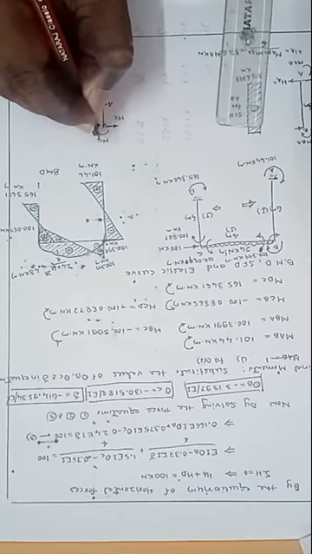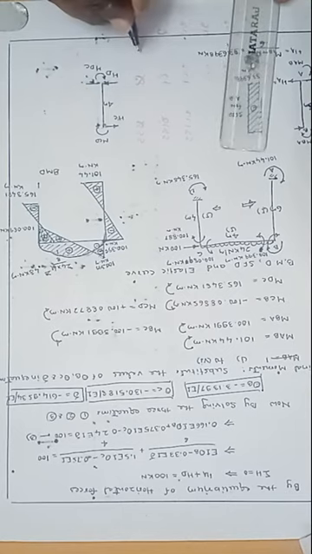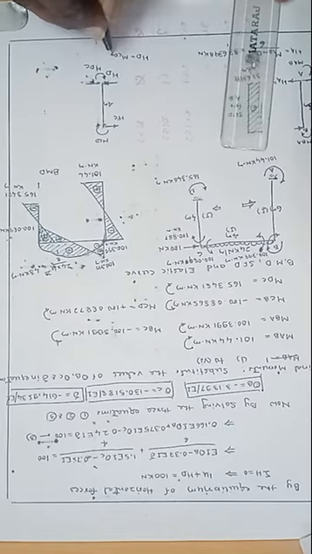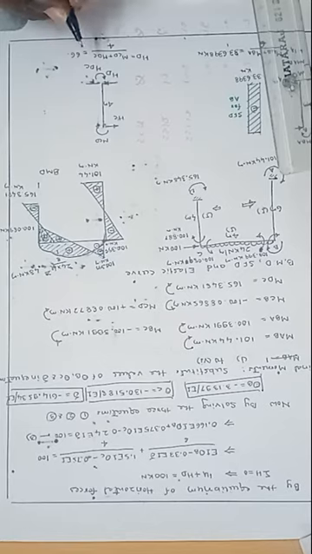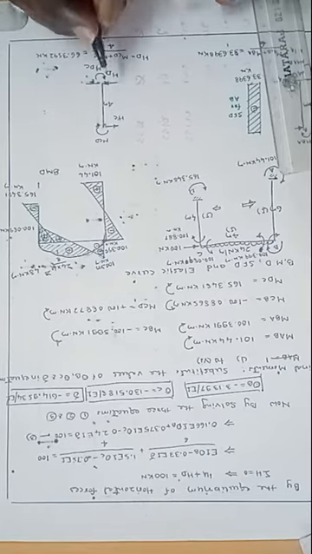Both the moments are clockwise. That is HD equals (MCD plus MDC) by 4. Then this one equals 36.3592 kilonewton. Then this one is HD.